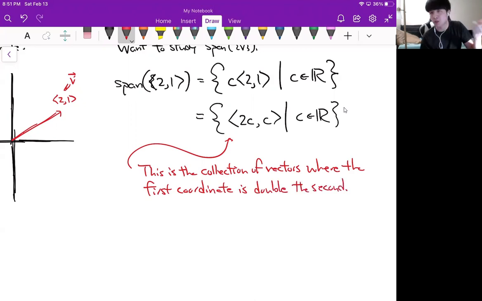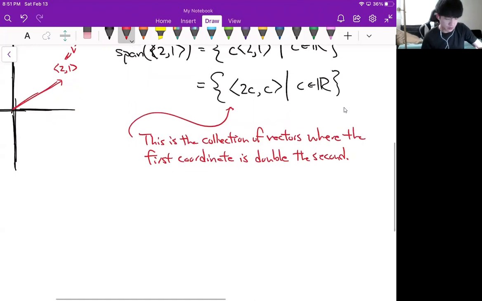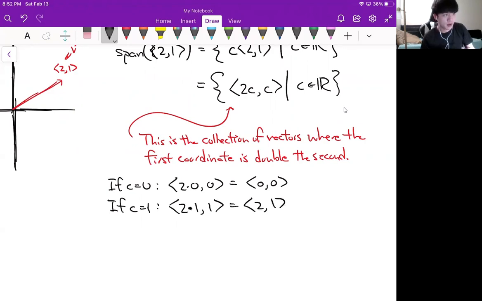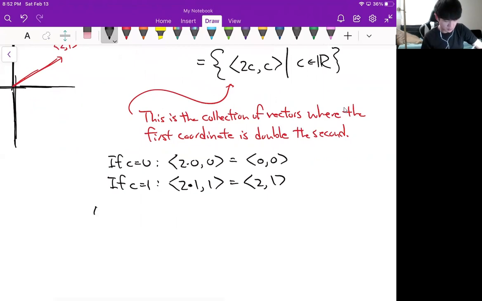So just all multiples of 2, 1, right? So, okay, let's pick c to be 0, right? If c is 0, I get 2 times 0, 0, which is 0, 0. If c is 1, I get 2 times 1, comma 1. So I get 2, 1, right?